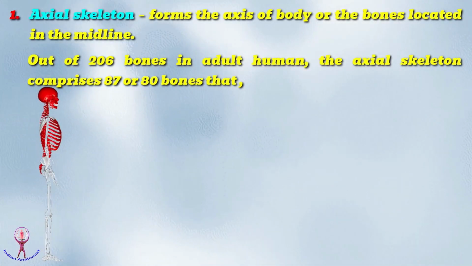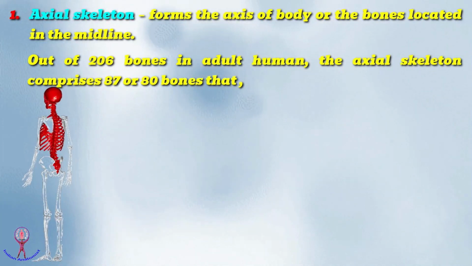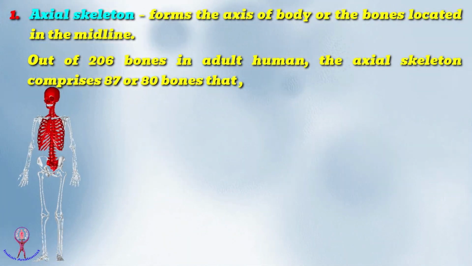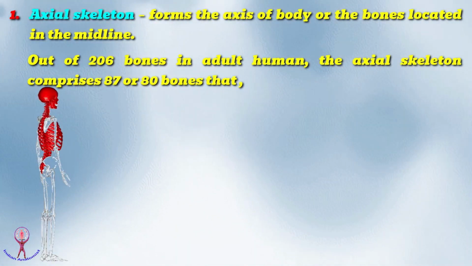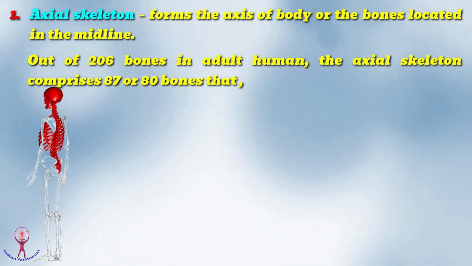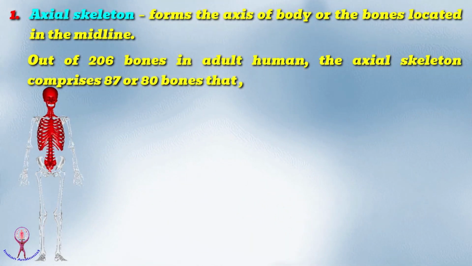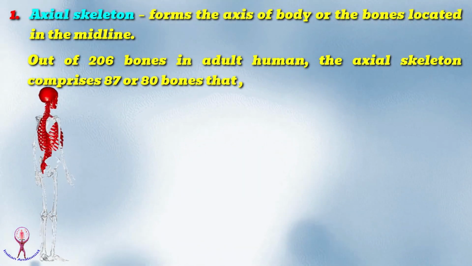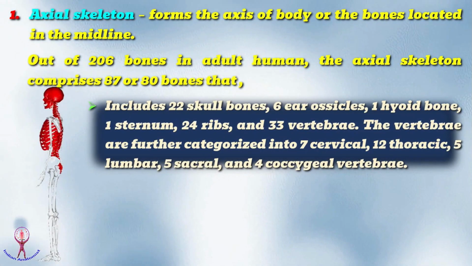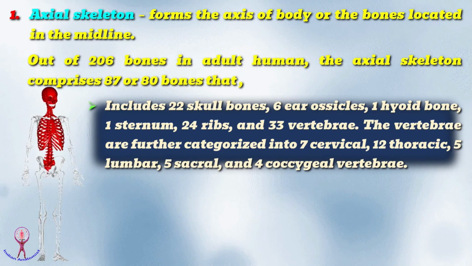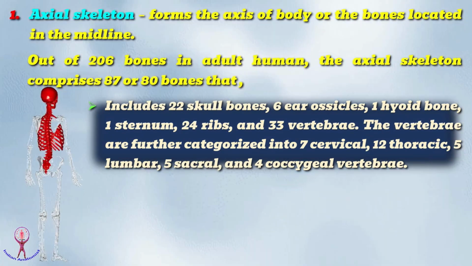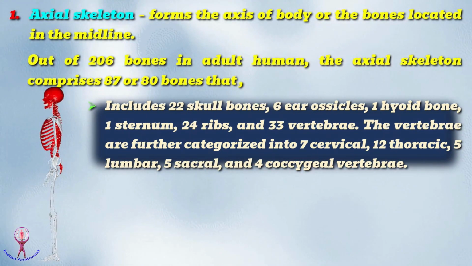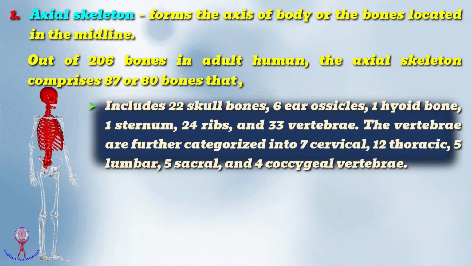The axial skeleton forms the axis of the body, or the bones located in the midline. Out of 206 bones in the adult human, the axial skeleton comprises 87 or 80 bones. That includes 22 skull bones, 6 ear ossicles, 1 hyoid bone, 1 sternum, 24 ribs, and 33 vertebrae.